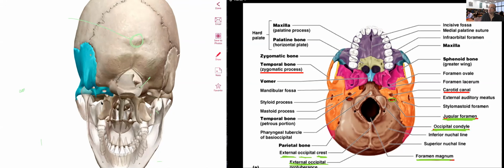If I'm asking on the same marking, using the same exact marking, I'm just asking here, what is the name of the bone landmark? External occipital protuberance.